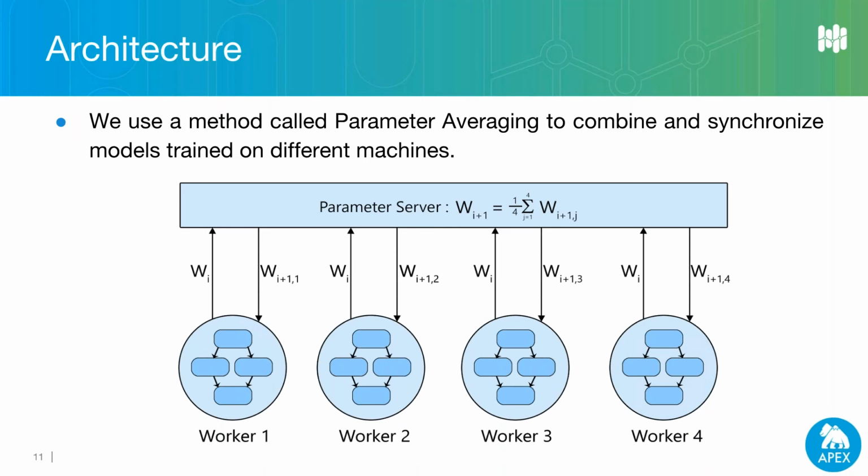So we have a mechanism called the parameter averager server. At fixed intervals, we keep sending the trained models, also referred to as parameters, back to the parameter averager server, where these models or parameters are averaged out, and a new model is formed based on this, and this new model is pushed back to the workers.